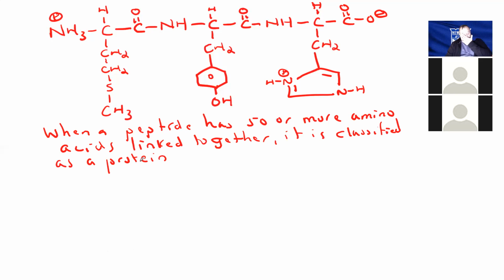So essentially 50 is the minimum number of amino acids that you have to have linked together for that peptide to finally be classified as a protein.